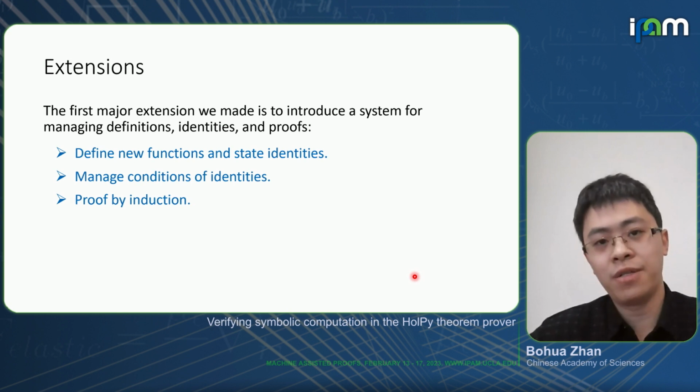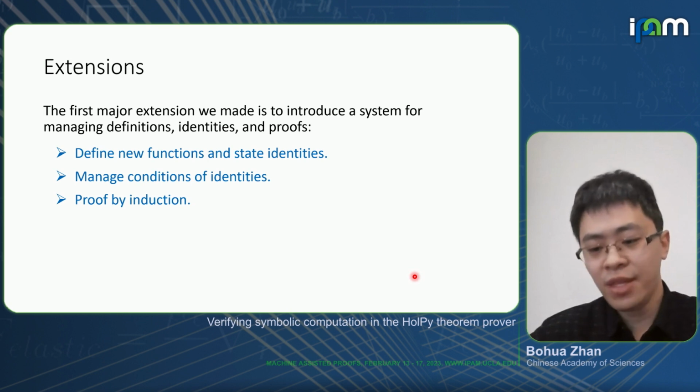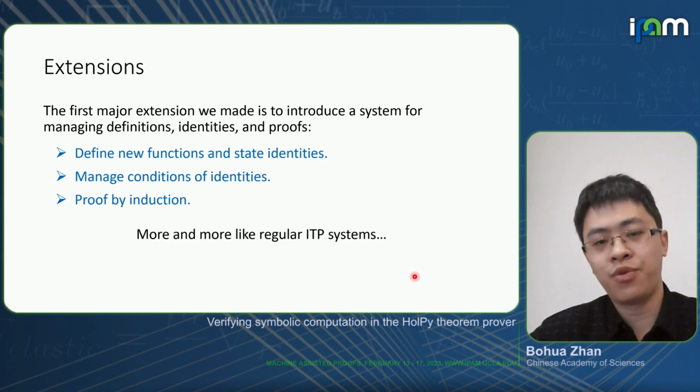And we also notice that there are many problems in symbolic computation that nevertheless involve induction. So for example, there are identities that have an integer parameter n, and the way to show this identity is by induction on n. And so we have added support for all these functionalities.